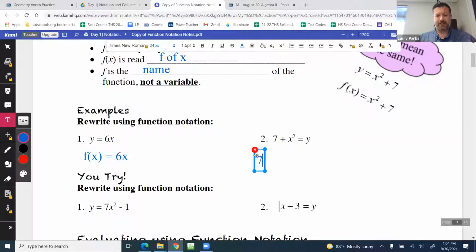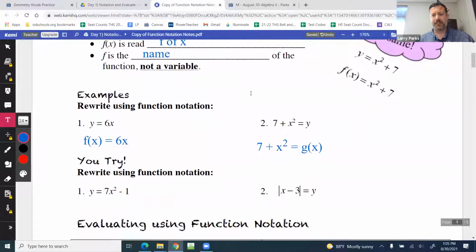So I'd say 7 plus x, and a kid just taught me this trick up here on the top. There's a square button. 7 plus x squared, equals, and since we already called the other one f, we're going to call this g. Okay.